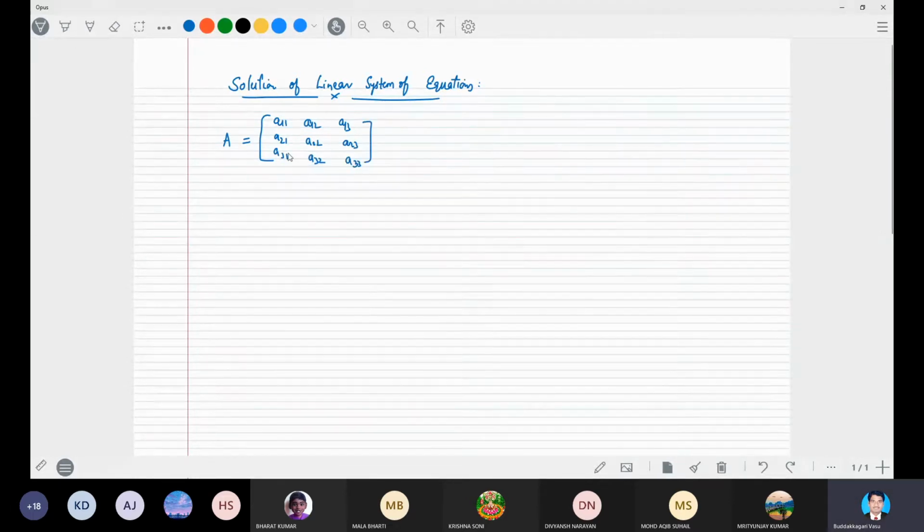So here we have taken 9 numbers and they have been arranged in 3 rows and 3 columns. This structure is called a matrix, right? The arrangement of the numbers in a rectangular or square arrangement. Each element inside it is called an entry or element.